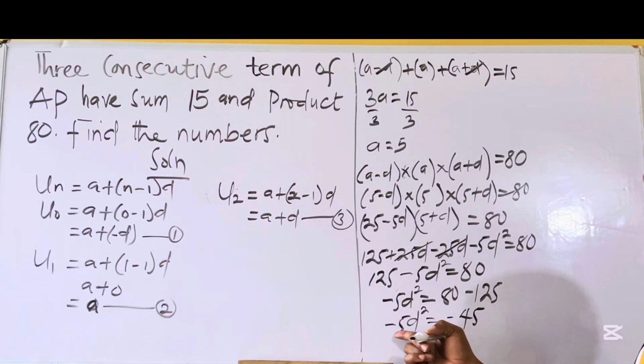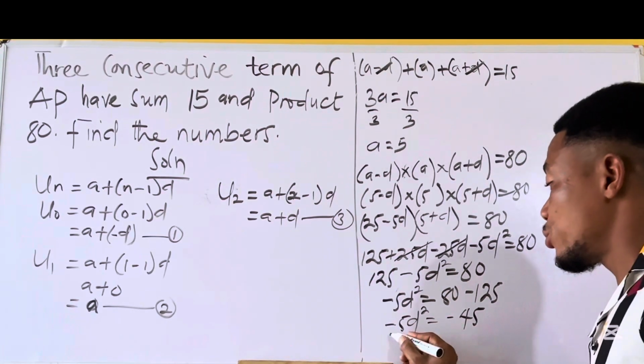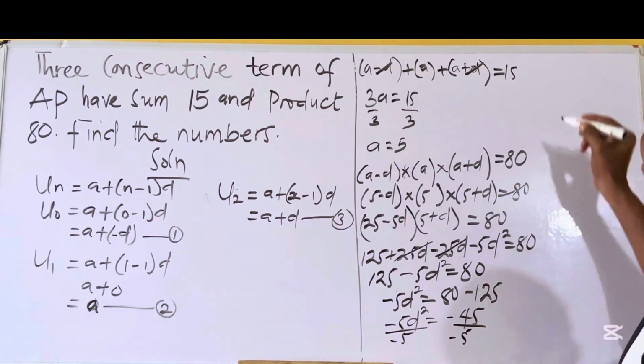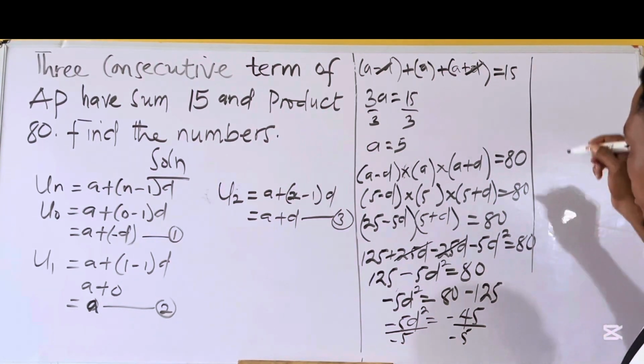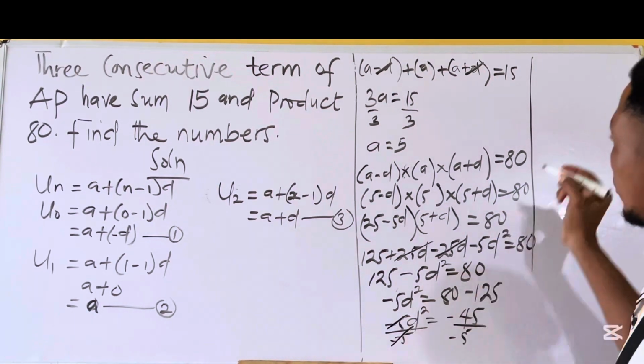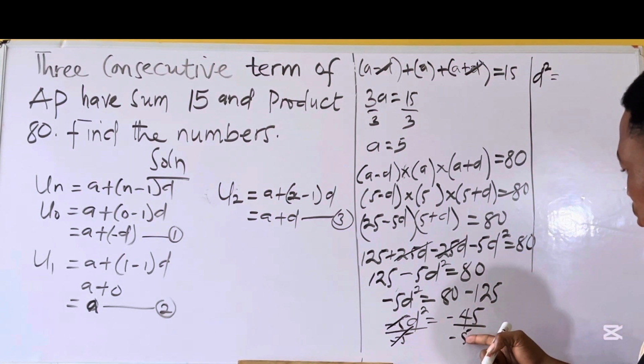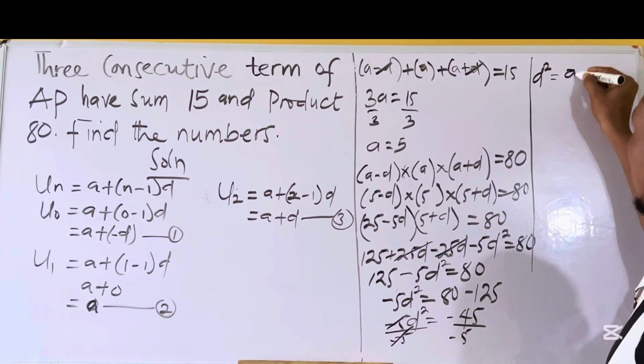But you know this is having negative 5, so we divide here by negative 5. This will cancel this. So we have d squared, and when you divide this, it will give us positive 9.